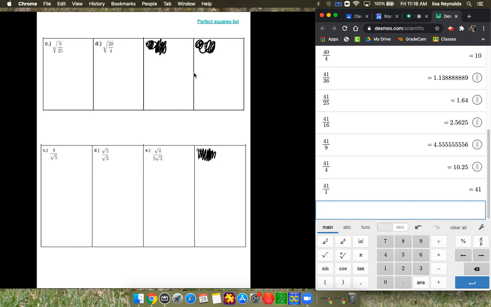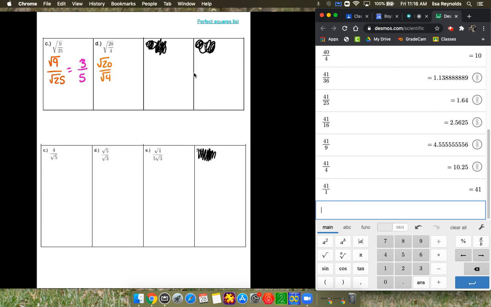So we're going to separate and do the square root of 9 and do the square root of 25. And then we're going to simplify those. So square root of 9 is 3, square root of 25 is 5. So we're going to separate. So we're going to do the square root of 20 over the square root of 4.